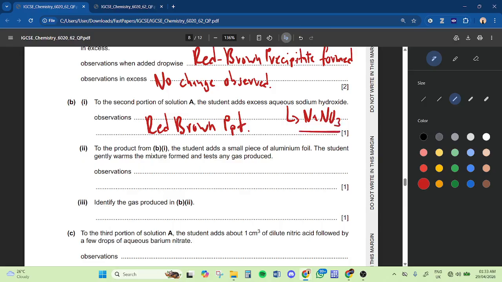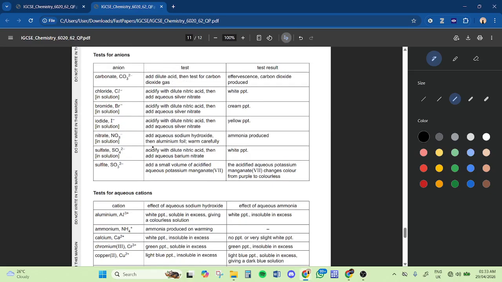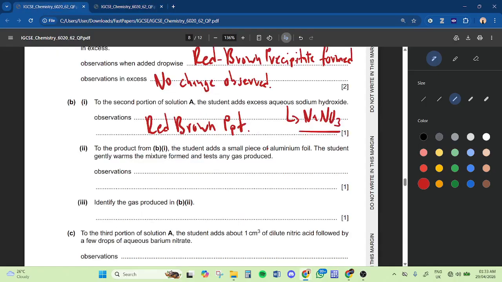So whenever you have a nitrate, if you take a look over here, whenever you add aqueous sodium hydroxide and aluminum foil, you're going to get ammonia. So I'm going to bracket this. So remember, you're observing something. Gently warms the mixture formed and tests any gas produced.